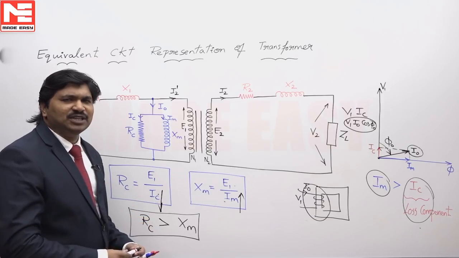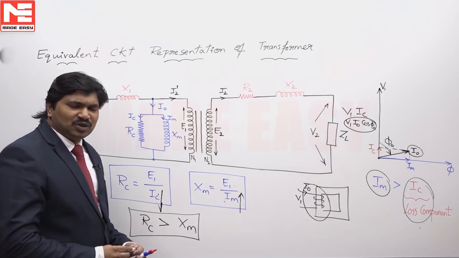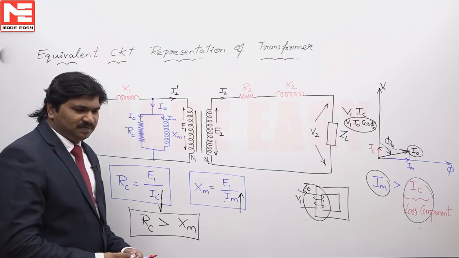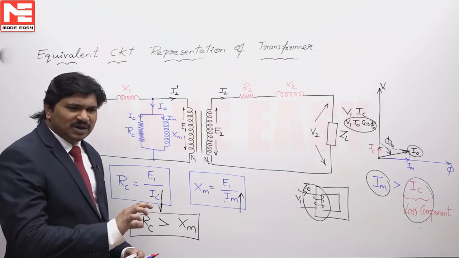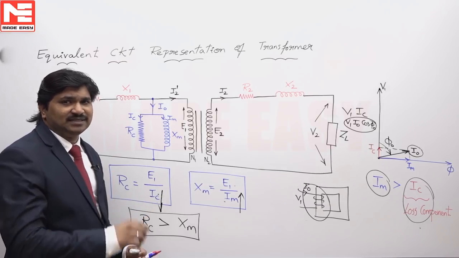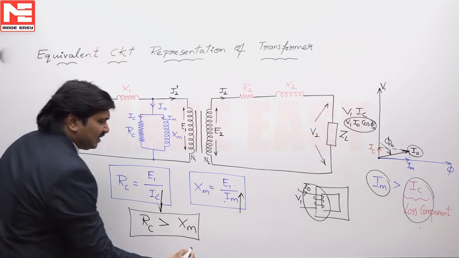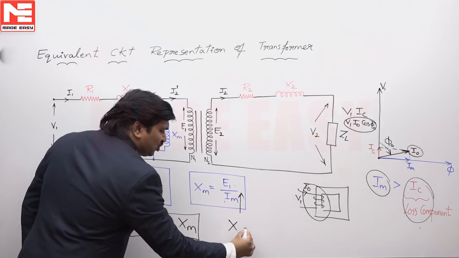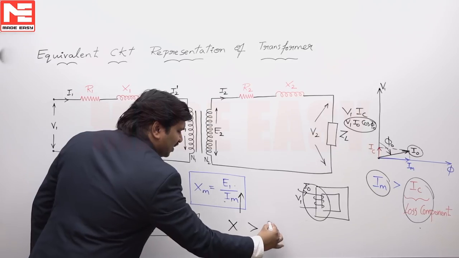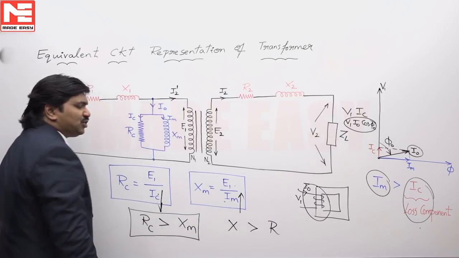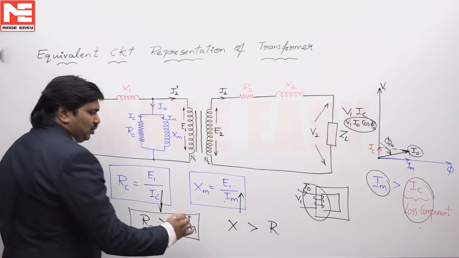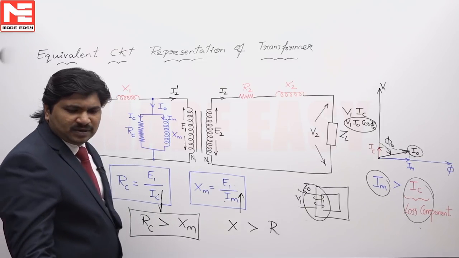It's a leakage reactance. Resistances are always least values. So the relationship when it comes to resistance, reactance is X is always greater than resistance of the winding.